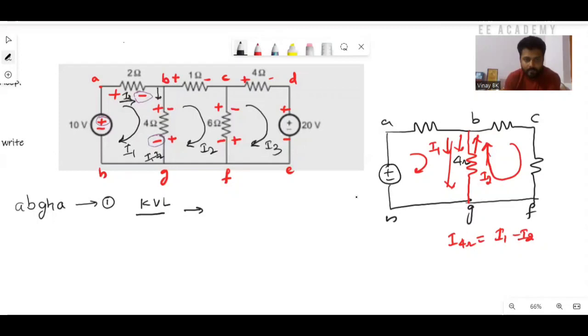Similarly, at this branch, if the direction is upward, I2 minus I1 is flowing from B to C. I hope you are understanding this.